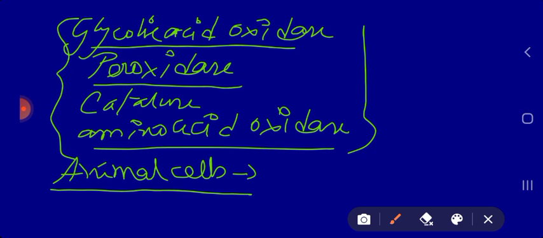Now let us see about the peroxisomes found in the liver. Liver cells we call hepatocytes.